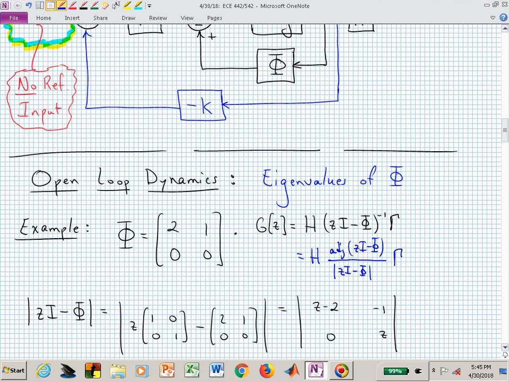And that's all buried inside, or as a part of, this expression, zI minus phi inverse.